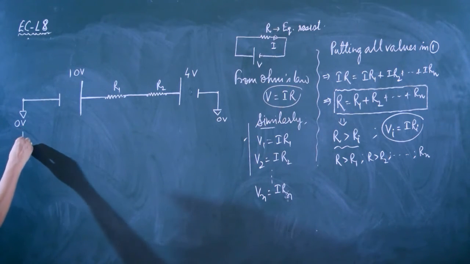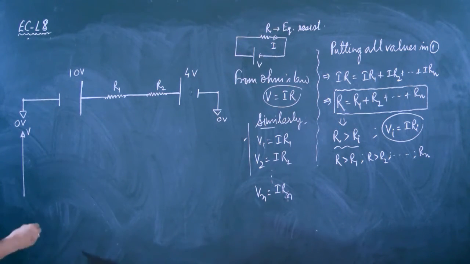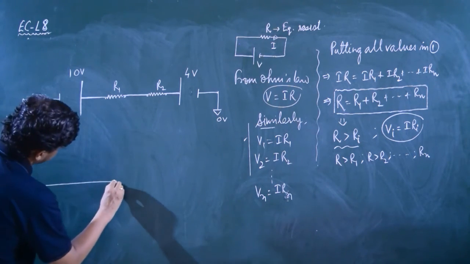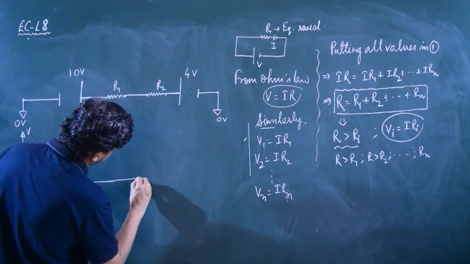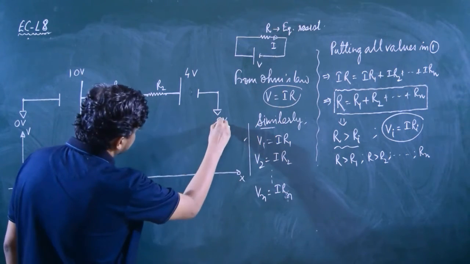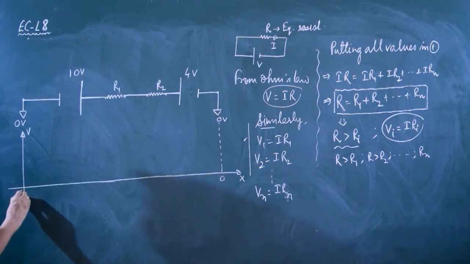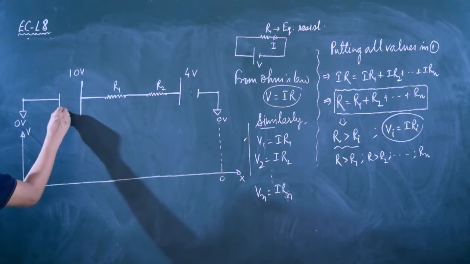Okay. So it is potential versus position. This end has potential 0, and again the first end has potential 0.